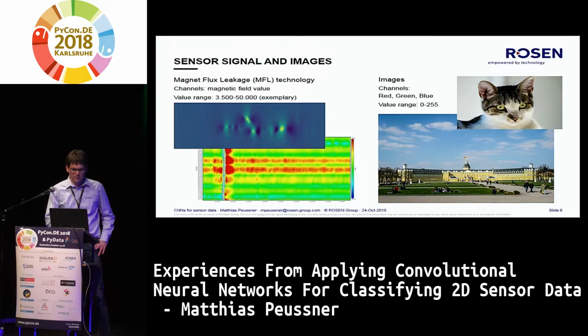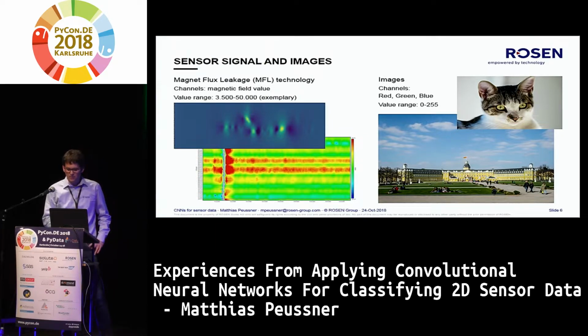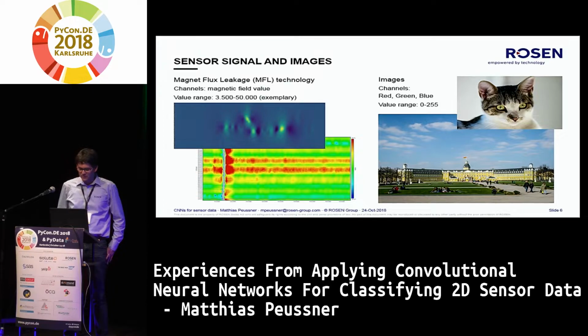Here you can see a different image using a different color scheme. It's more like we have hills and valleys, so we do not have really sharp edges like we see in pictures of the Karlsruhe Palace, for example. So maybe our data is more simple, but of course it's not very intuitive for humans to analyze them.